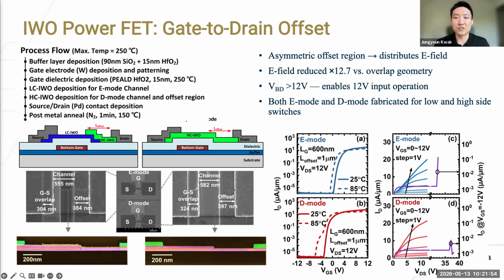The E-mode device turns on at a positive threshold voltage. The D-mode device is already on at zero gate bias and turns off at a negative threshold voltage. Both show clean switching with a high on/off current ratio, and both hold well above 30 volts at the drain.